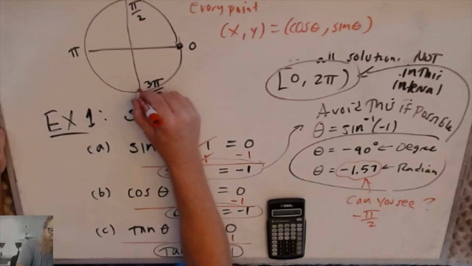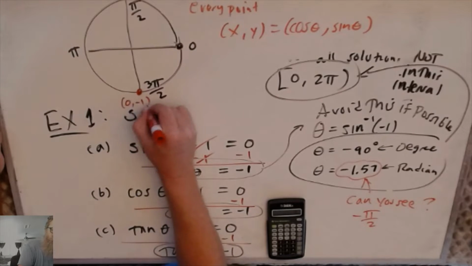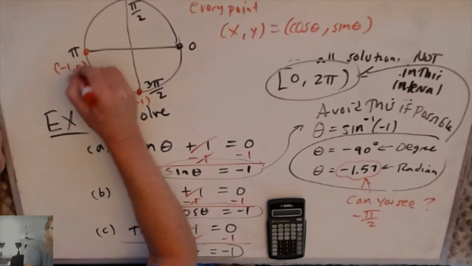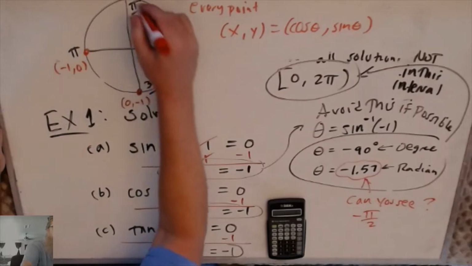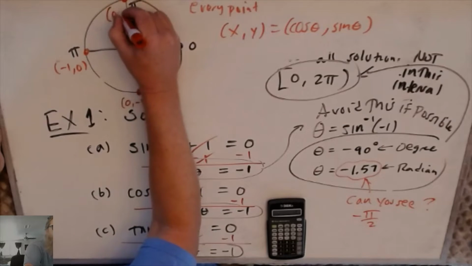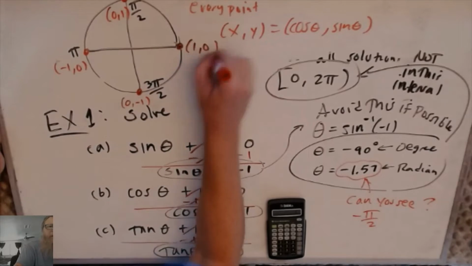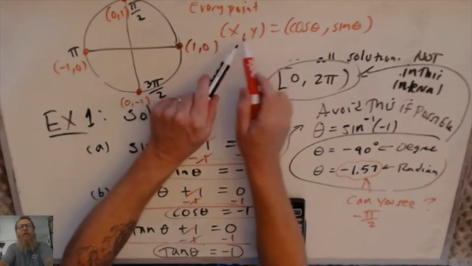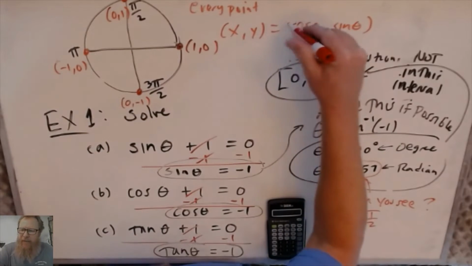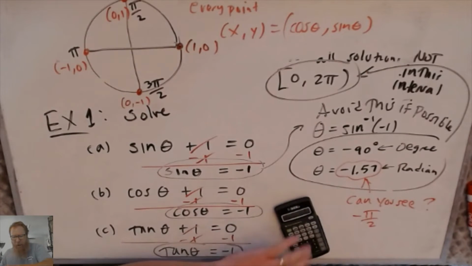The point here would be 0, negative 1. This point here would be negative 1, 0. This point here would be 0, positive 1. And then the 0 is the same as 1, comma 0. So all your x, y values are equal to cosine theta and sine theta. And now you can just go around the circle and read them off.